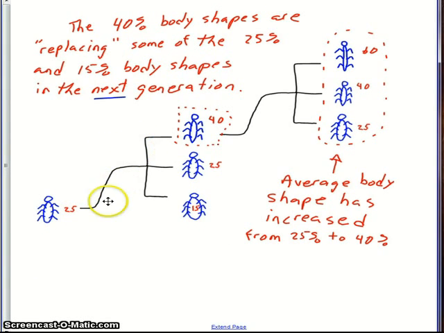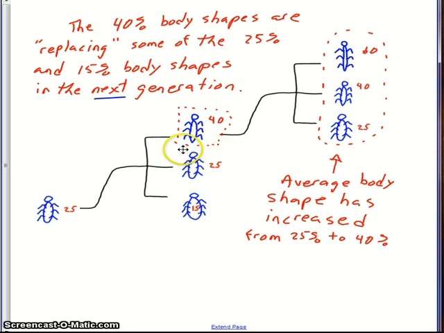One way to think about this process of natural selection is the concept of replacement or substitution. So here again, we've got our 15, 25, and 40 percenters. The 40 percenters have an advantage, and they are going to be having more offspring than the others. So in a sense, the offspring of the 40 percenters are substituting or replacing the offspring of the 25 and 15 percenters.